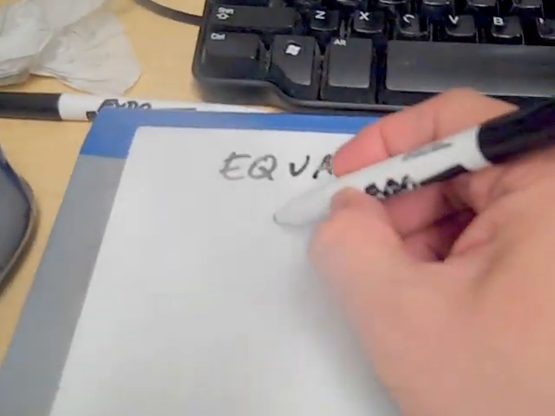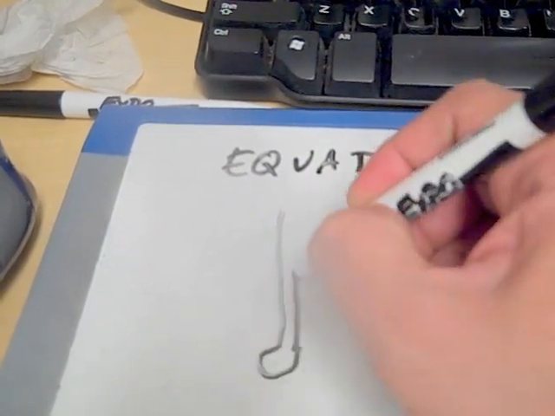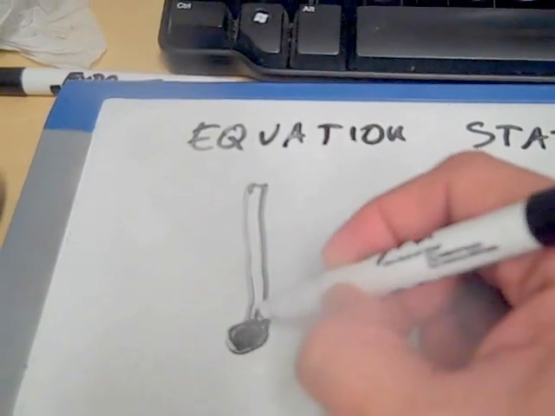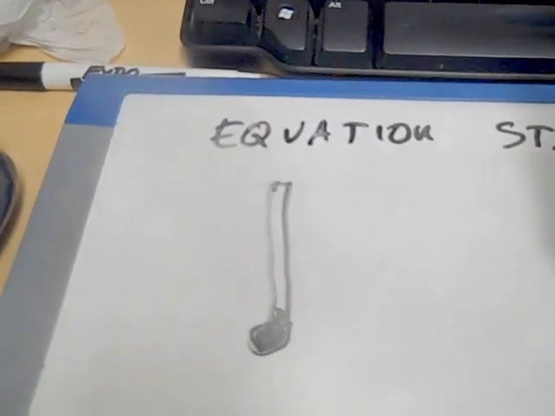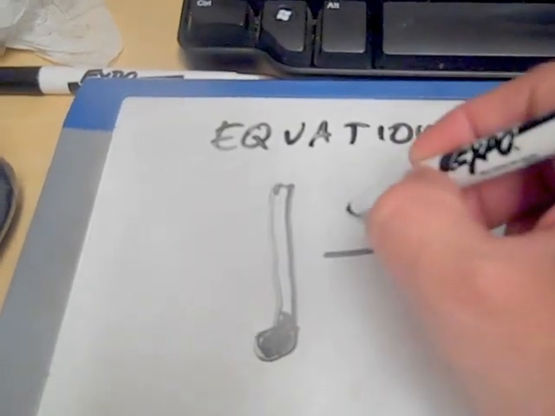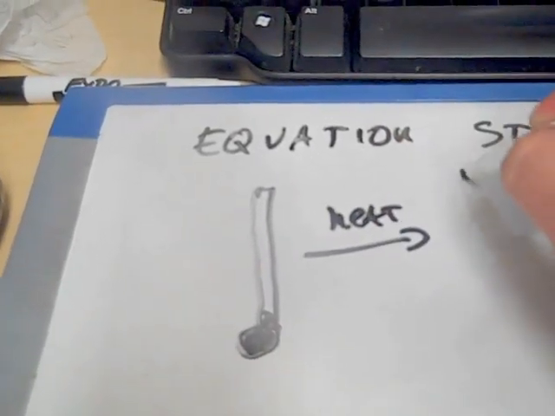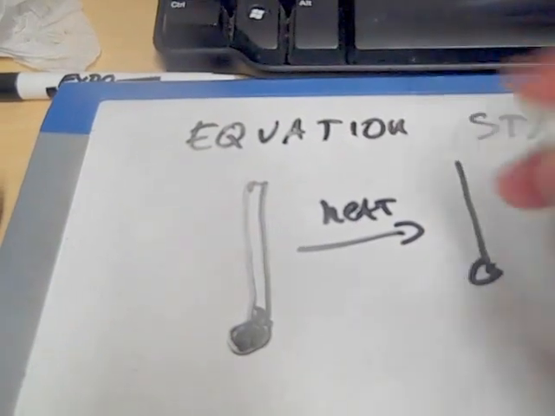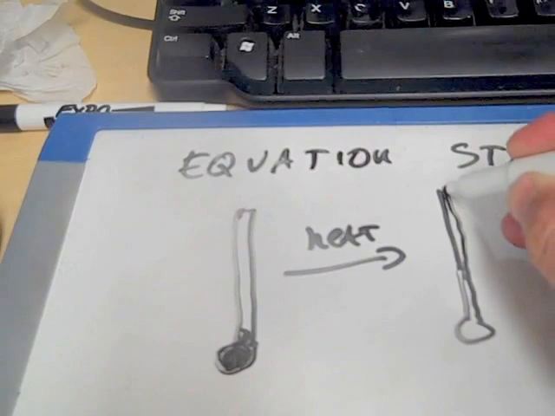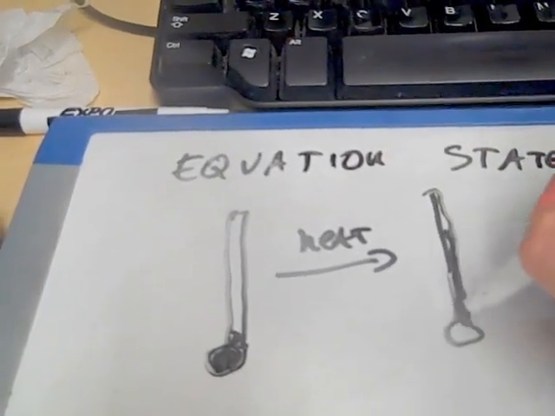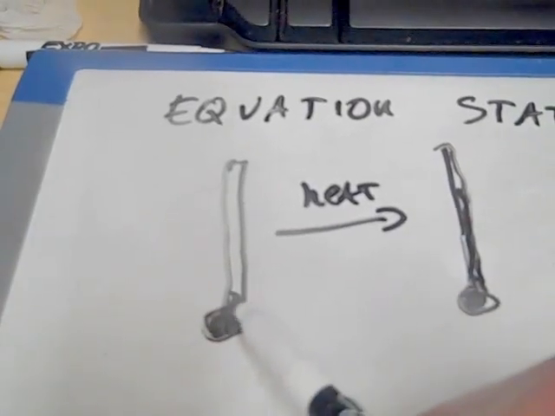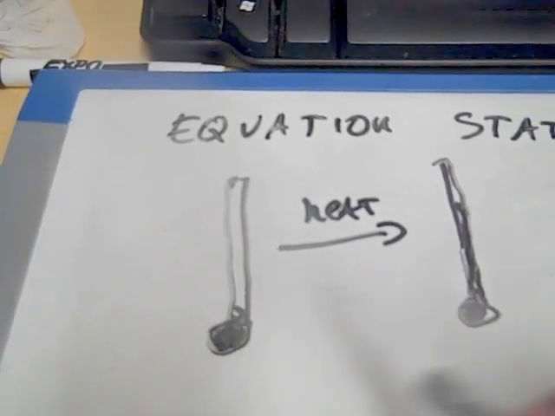Okay. Now, when you're measuring temperature, let's say using a thermometer, what happens is that you're taking advantage of an equation of state relationship. So if we take this material and heat it like so, what happens is that the volume expands. There's an expansion of volume of, let's say, the mercury in a thermometer.